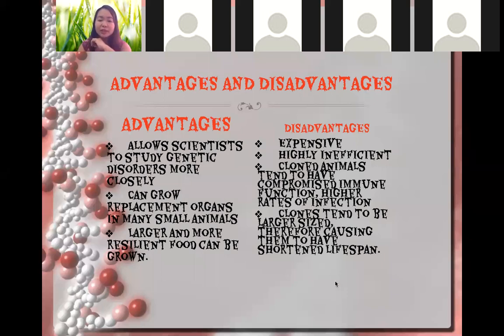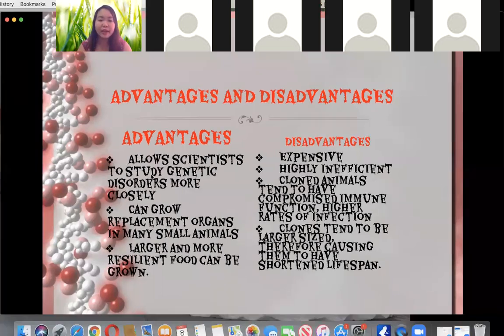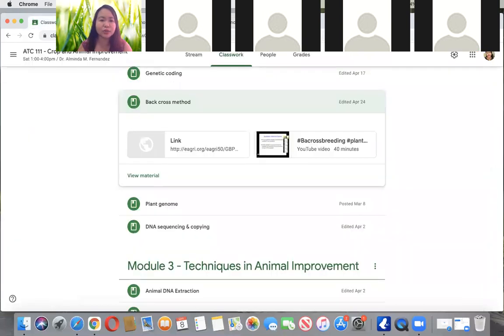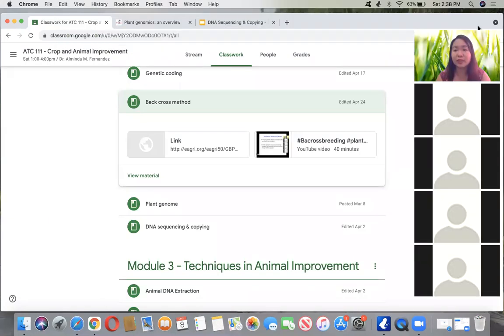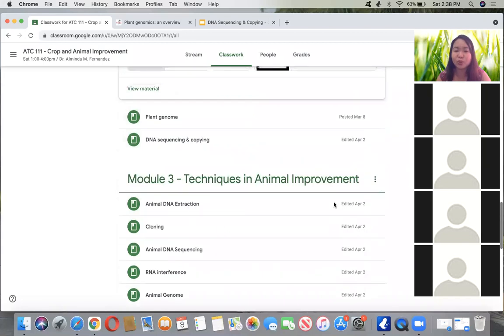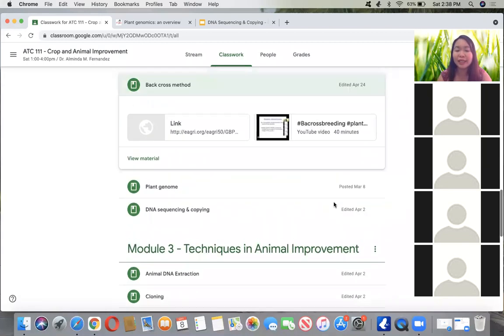But right now, we don't actually do this, especially since we have ethics protocols that say we cannot clone animals and especially human beings.